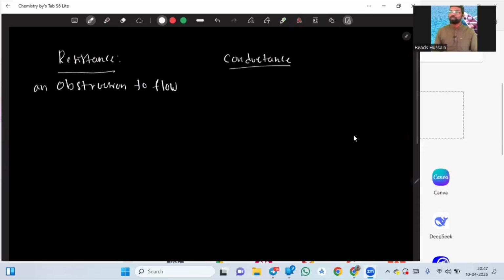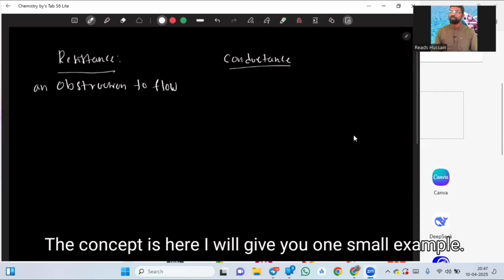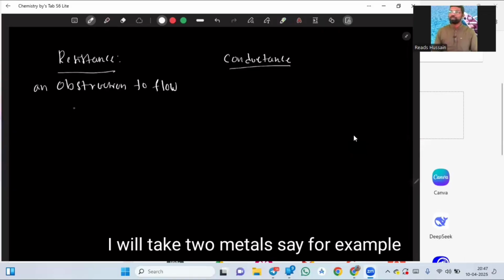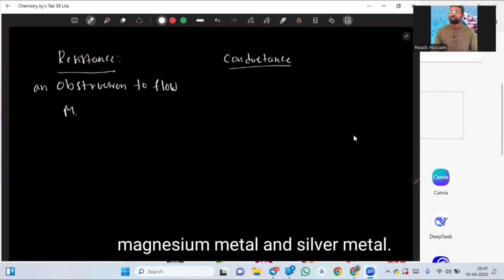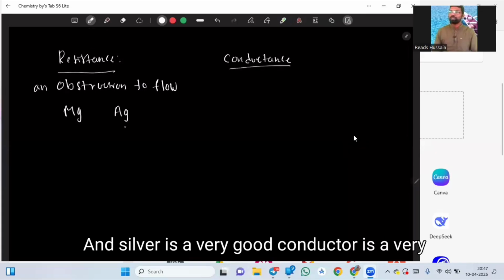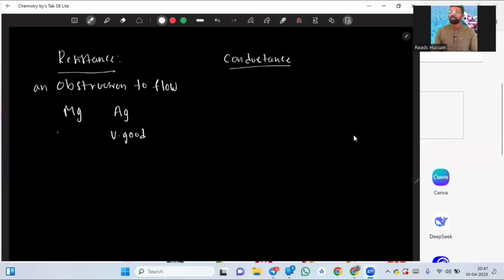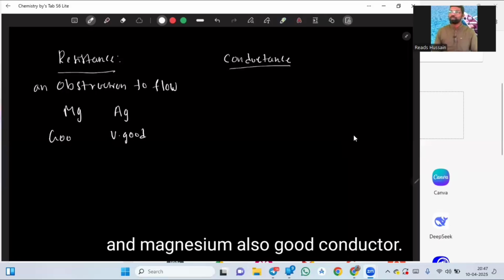Just to make the concept easier, I will give you one small example. I'll take two metals, say for example, magnesium metal and silver metal. Silver is a very good conductor, or best conductor we can say. And magnesium is also a good conductor.